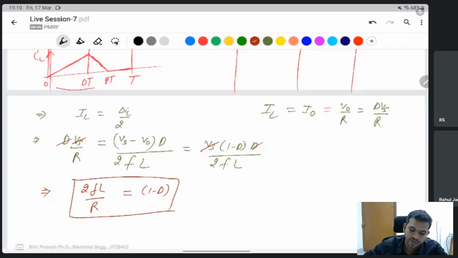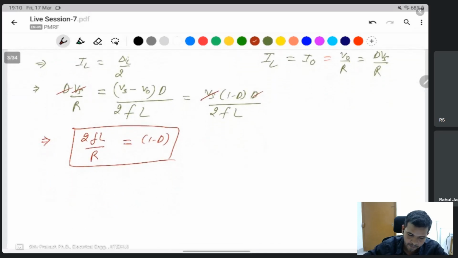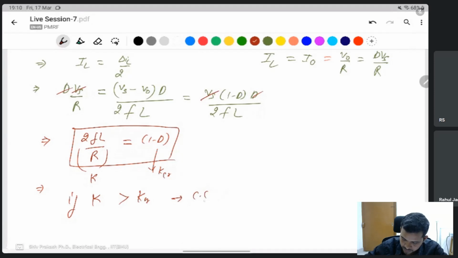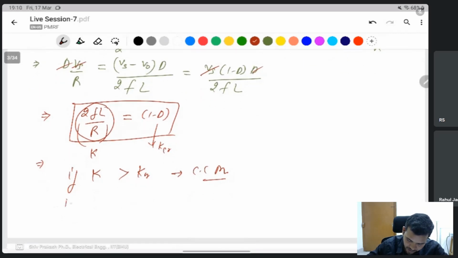This is the boundary condition of the buck converter. Suppose this one is K and this one is Kc, the critical condition. If K is greater than Kc, it means continuous conduction mode. If this value is greater than 1 minus D, the converter works in continuous conduction.